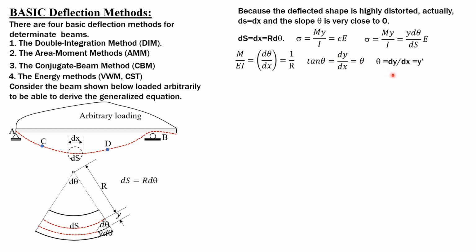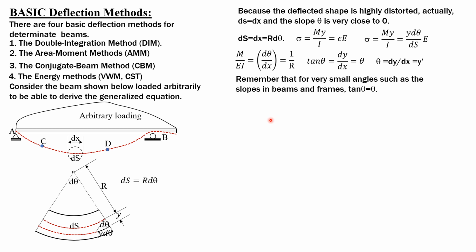So theta, which is dy dx, is equal to y prime, the other expression for dy dx. So remember that for very small angles, such as the slopes in beams and frames, tangent theta is practically equal to theta itself when converted to radians.